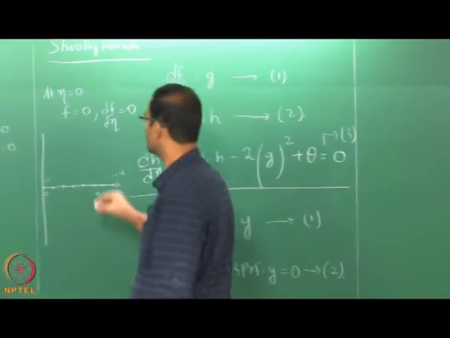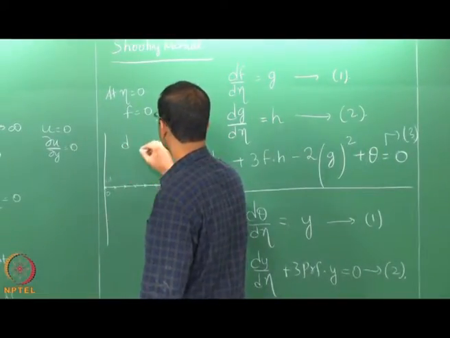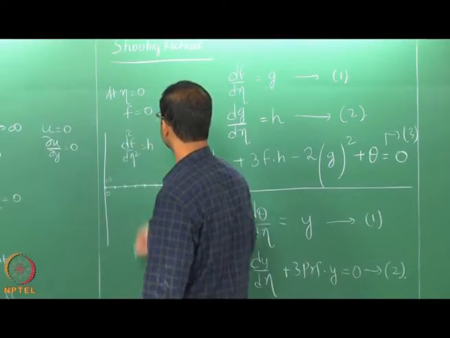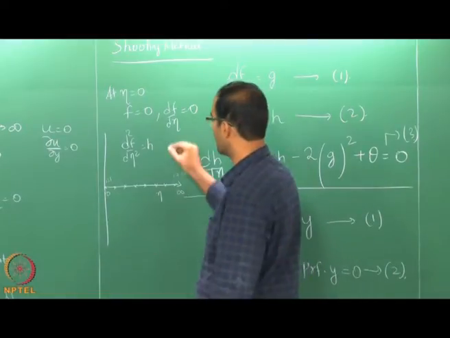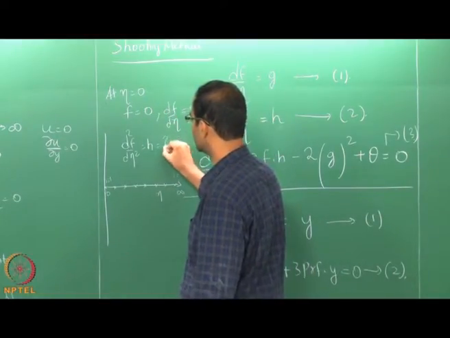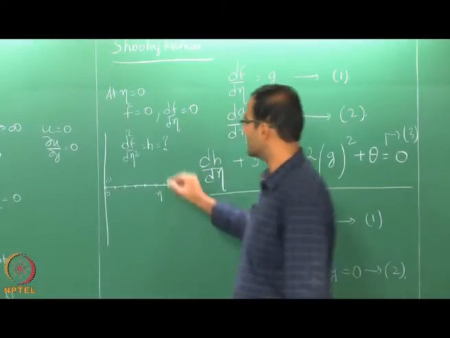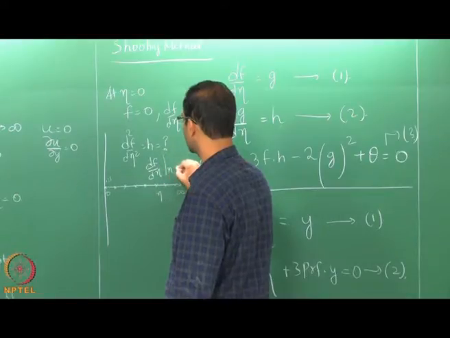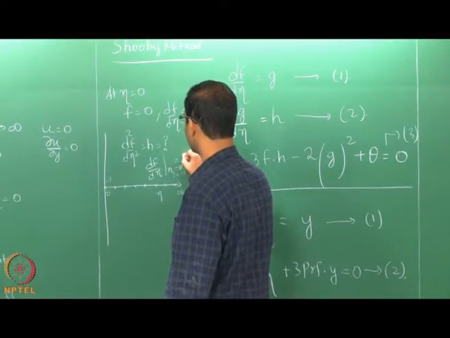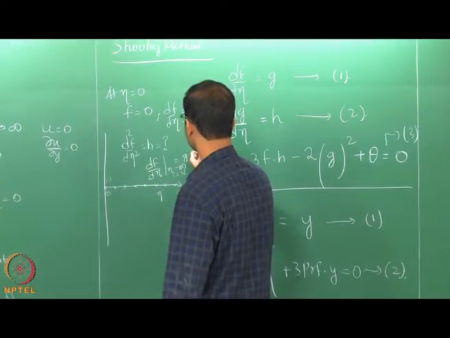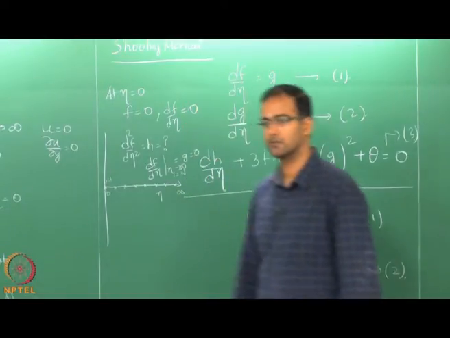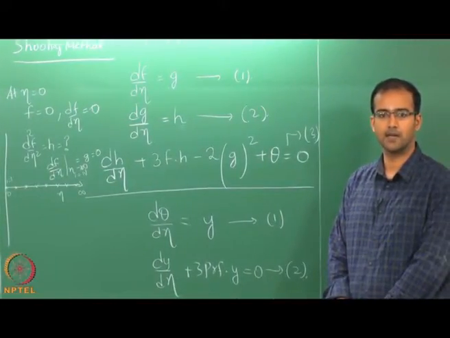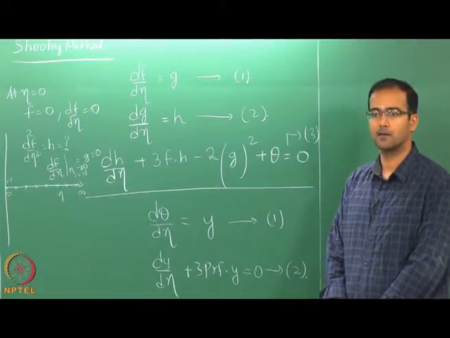So, the boundary condition for d square f by d eta square, which is nothing but h, at eta equal to 0 is unknown, but what we know is df by d eta at eta going to infinity, that is, we know the boundary condition for g, which is equal to 0. This is like your Blasius solution again. There you have df by d eta equal to 1.